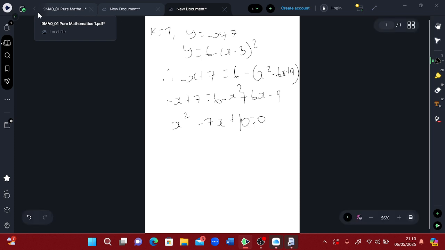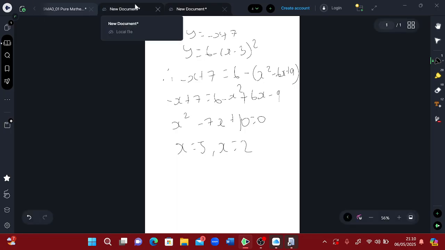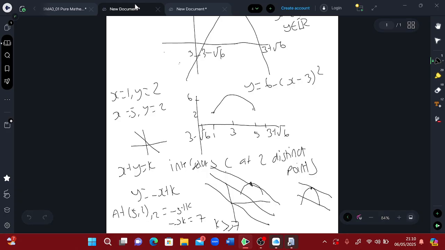Okay, yes, so you get x is 5. x is 2. That's a very interesting observation. Okay. So it's saying, actually, this shows the curve might be a bit off. So it's saying, when k is 7, it intersects when x is 2 and when x is 5.